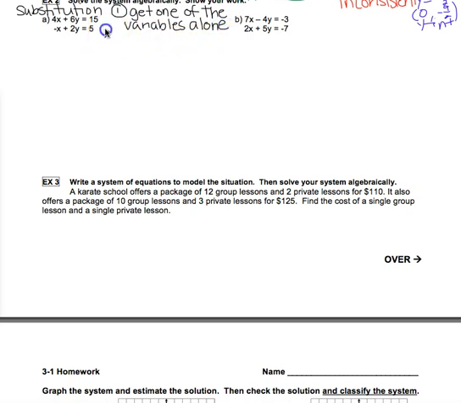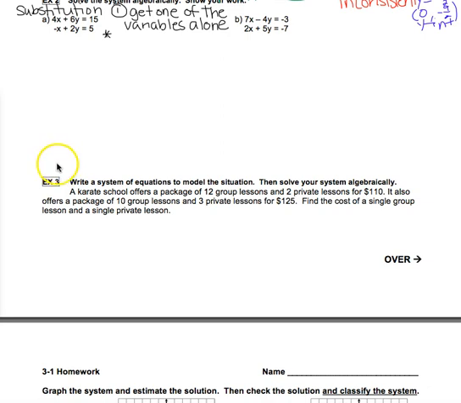Now, what do you want to look for? Because I am a huge fan of trying to make things as easy as possible on yourself. There are four choices here for what variable to get alone: the x in the top equation, the x in the bottom equation, the y in the top, the y in the bottom. But there's definitely a choice that is better than the others.